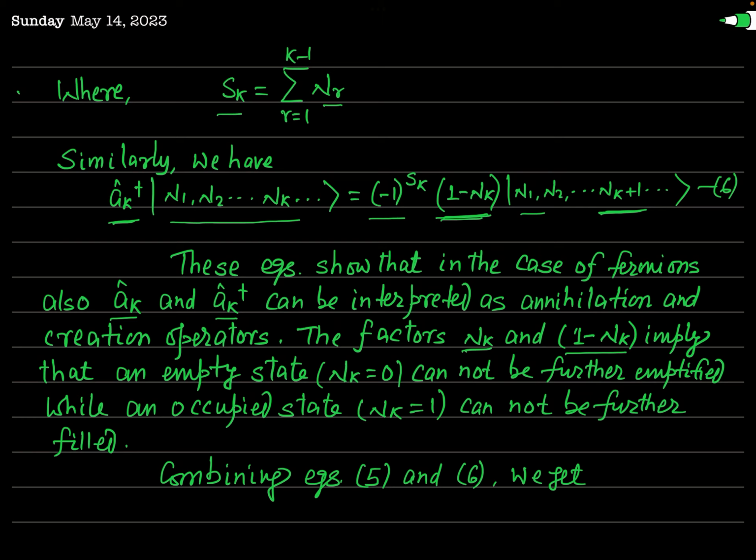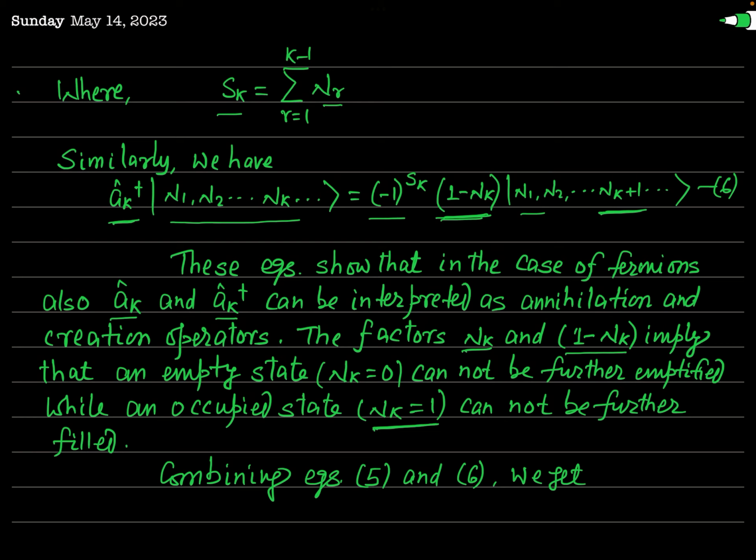This result shows that a quantum state which does not contain any fermion cannot be amplified further. On the other hand, if a quantum state contains one fermion, it means the eigenvalue of our number operator nk hat is nk equal to 1, then it cannot be filled further.